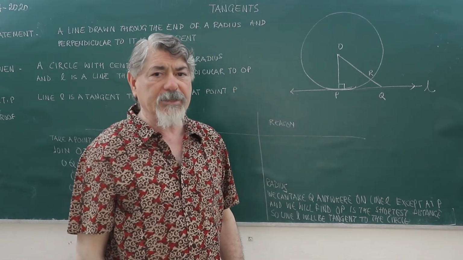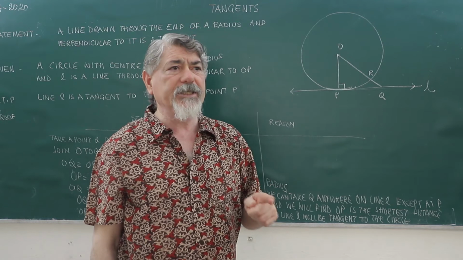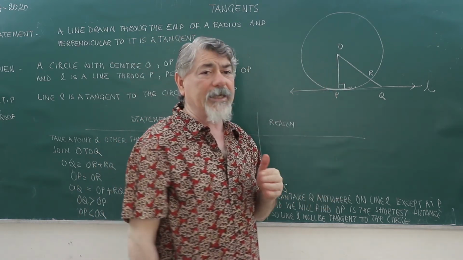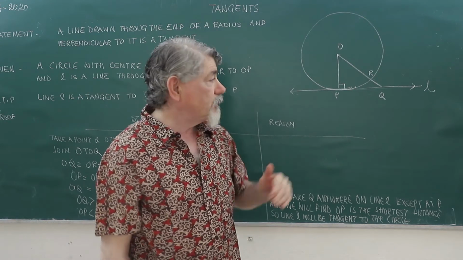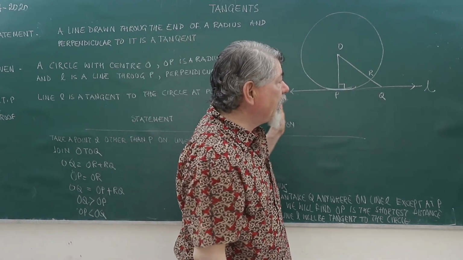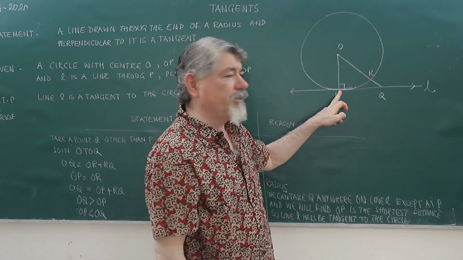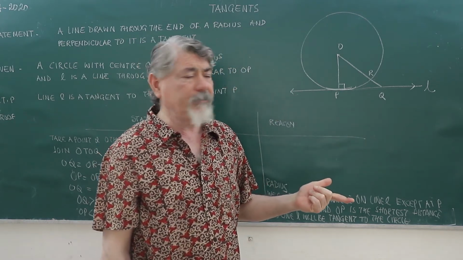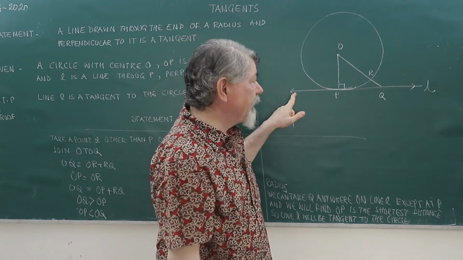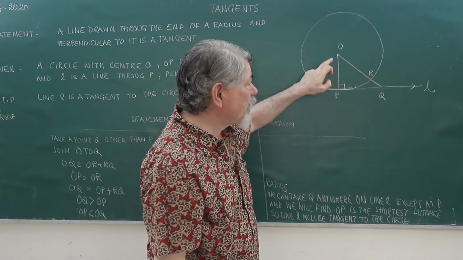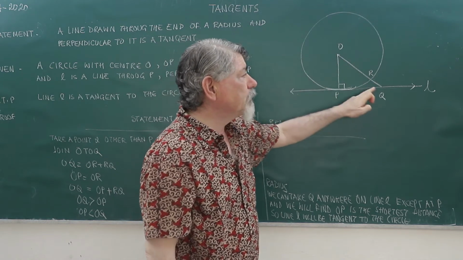P is also lying on the line L, but the unique situation of P is that it lies on L as well as on the circumference of the circle. Q can lie anywhere on the line L, but not at this point. There cannot be two points at the same place. So Q can be anywhere else, and we have proved that OP is the shortest distance among all these lines.